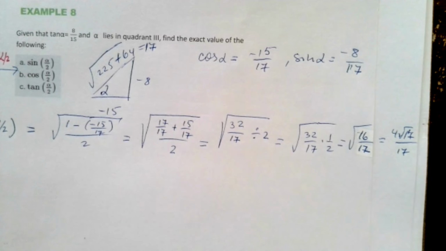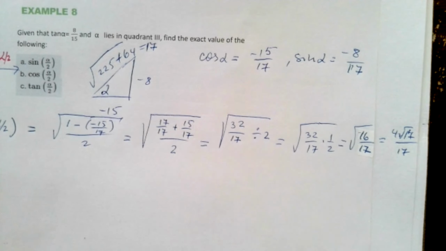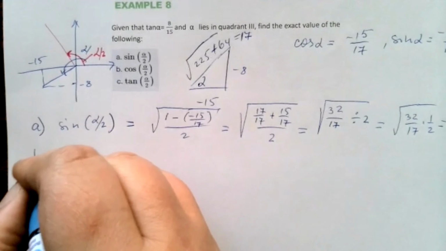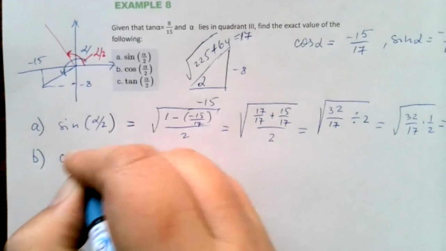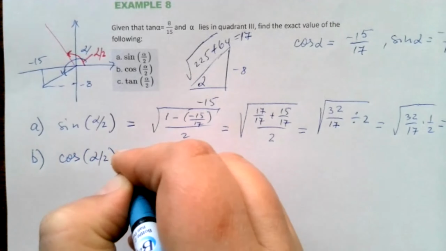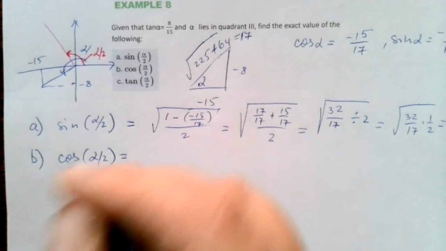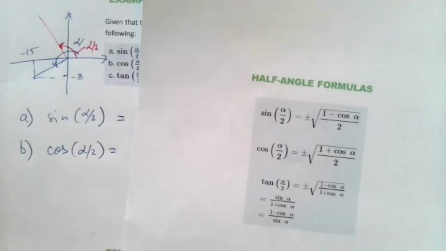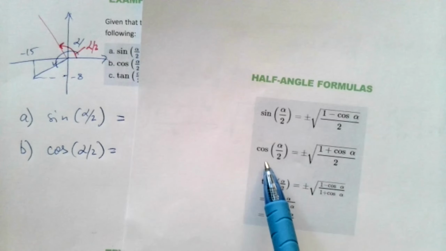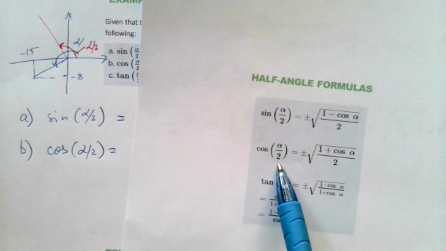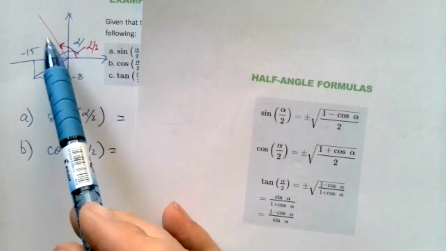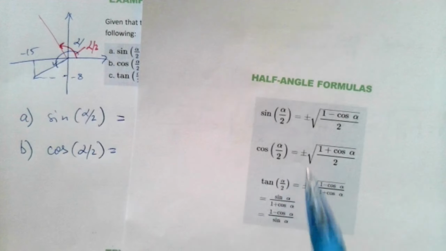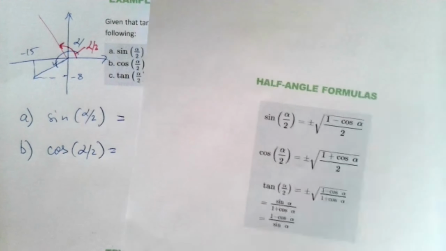Okay, so now what about cosine? Next, cosine of alpha over 2. Again, we're just going to plug the values into the formula for the cosine of alpha over 2. Knowing that alpha over 2 is in quadrant 2, we're going to select a negative root.